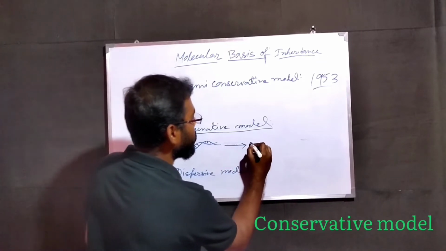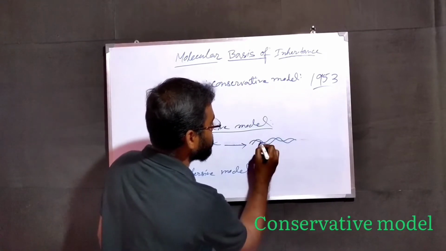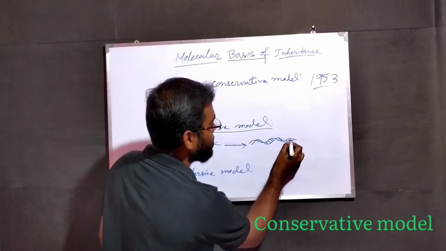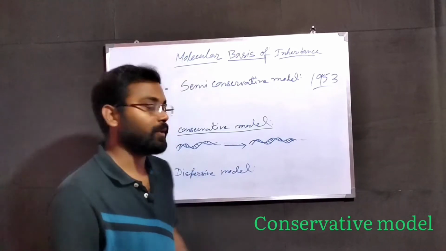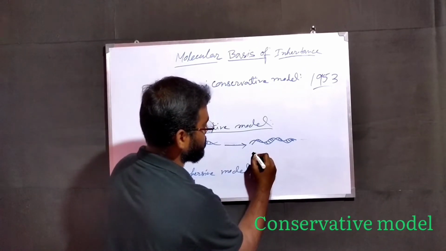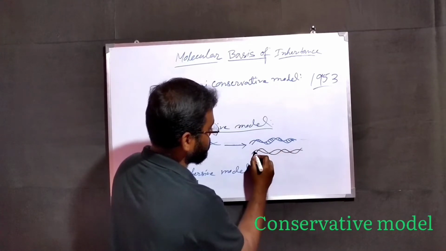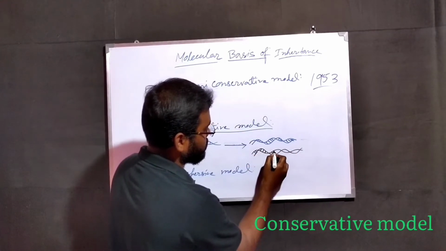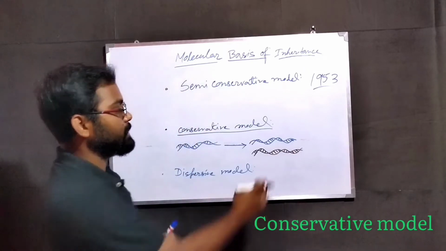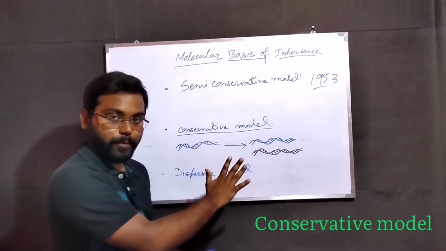That means it is the copied DNA and it will produce a new one. The black one is the new one. This is the conservative model.